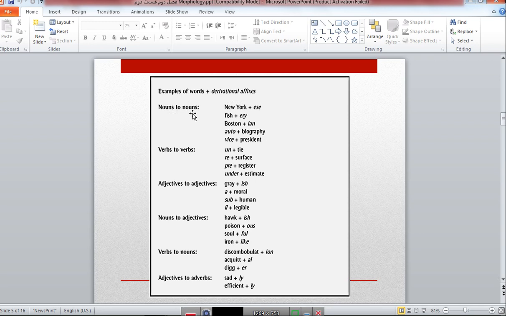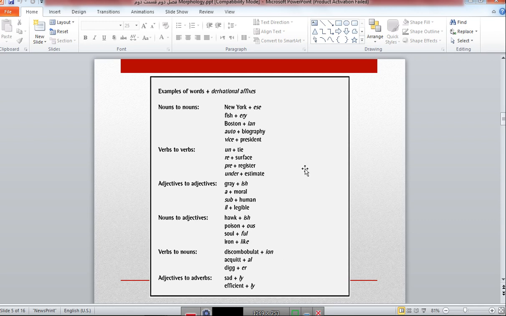For example, noun to noun: New York, New Yorkies, fish, fishery, Boston, Bostonian, autobiography, vice president; or verbs to verbs: untie, resurface, pre-register, underestimate; adjective to adjective: grayish, immoral, subhuman, illegible; noun to adjective: hawkish, poisonous, soulful, iron-like; verbs to noun: discombobulation, acquittal, digger; adjective to adverb: sadly, efficiently.